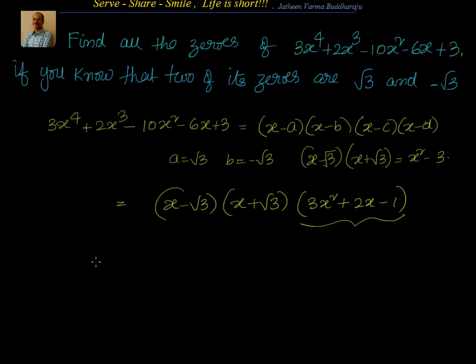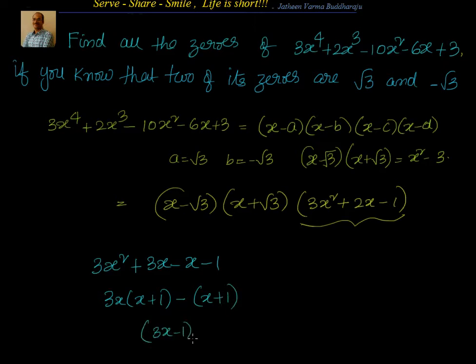For that we can use splitting the middle term, and we can say 3x square plus 3x minus x minus 1, or can I say 3x into x plus 1 minus of x plus 1, that's equal to 3x minus 1 into x plus 1.